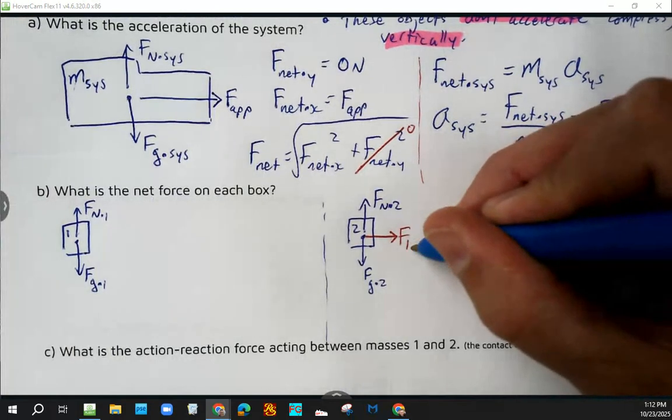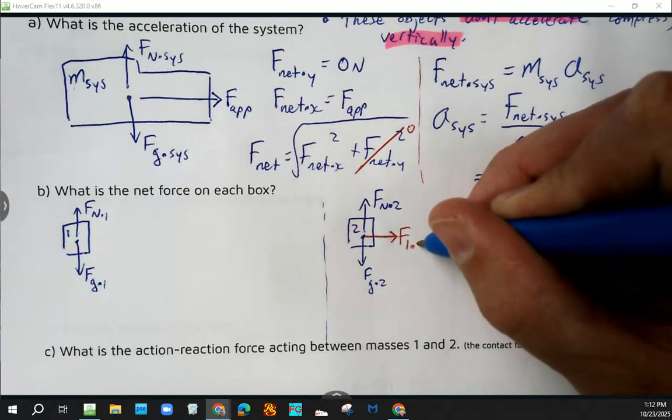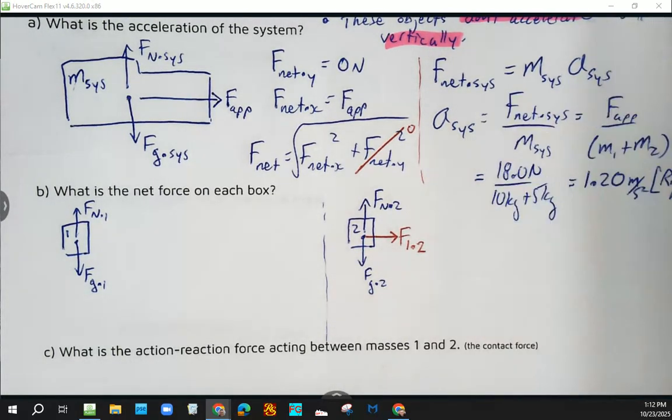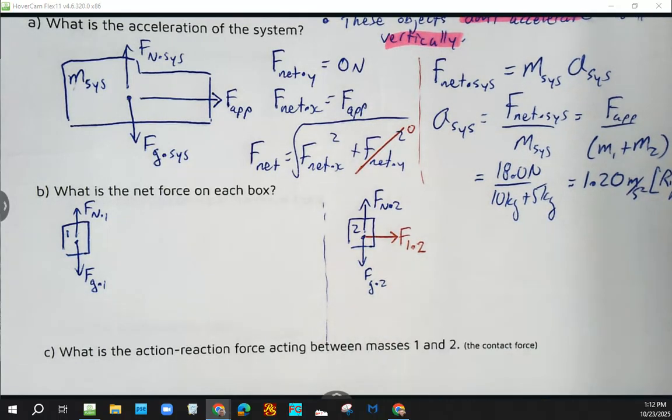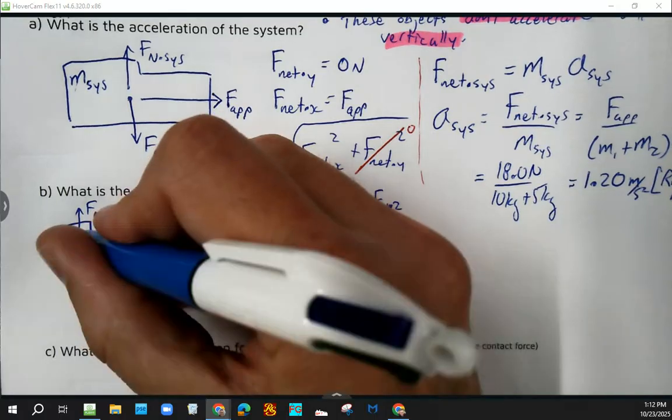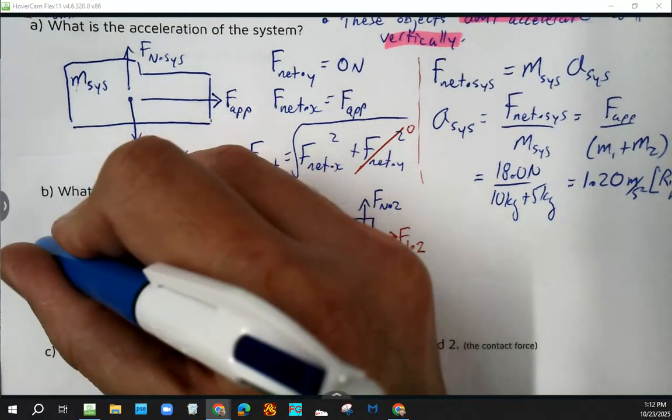I can't say that it's force applied because whoever or whatever is applying that force is not touching 2. You have to actually be touching 2 to be acting on it, unless you're going to be like a Jedi or something, right? And that would be a different force. All right, so force of 1 acting on 2, but if there's a force of 1 acting on 2, there has to be a force of 2 acting on 1.